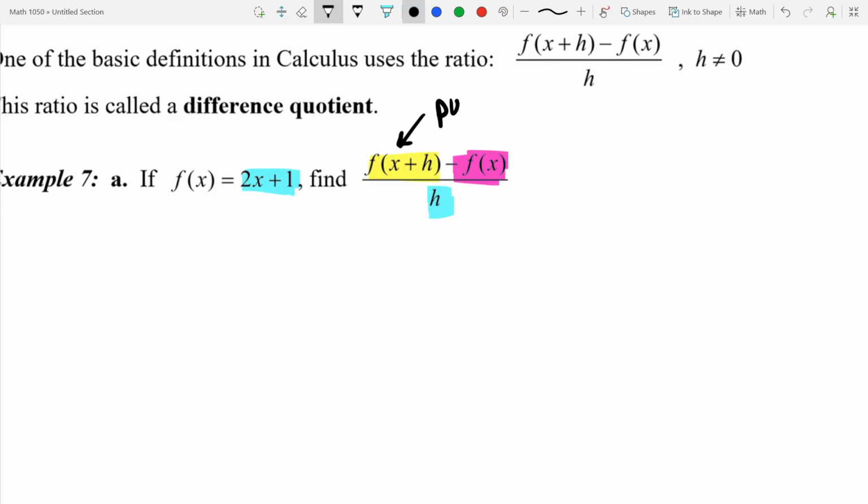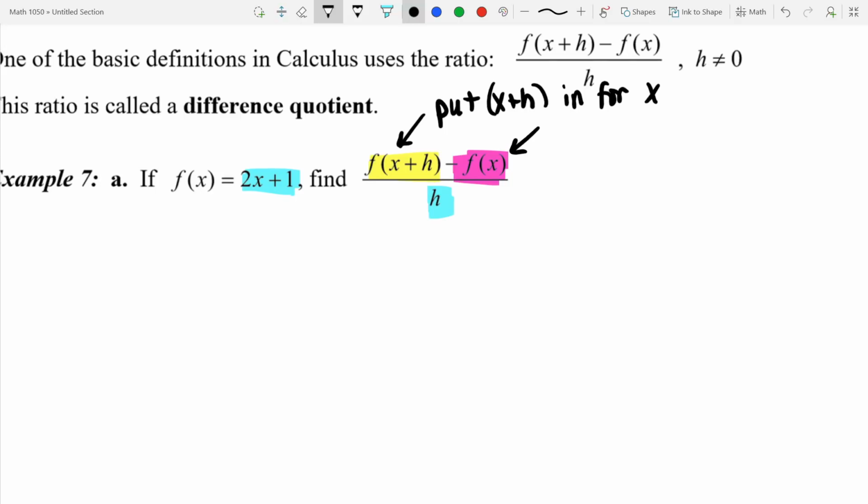So I'm going to say put x plus h, maybe in parentheses just so you don't get confused, in for x. So wherever you see an x, put in an x plus h.